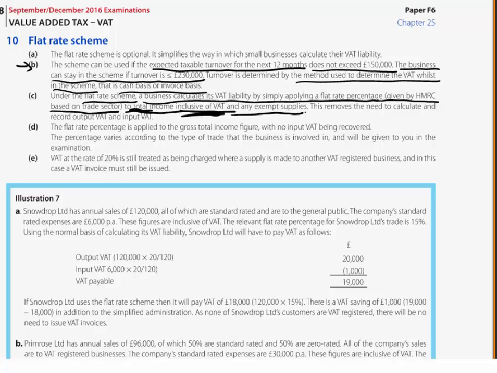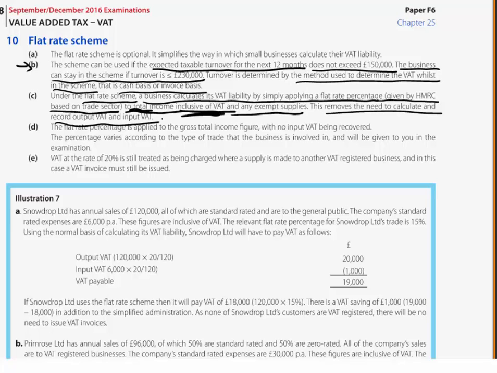So it's both your taxable income, inclusive of VAT, and any exempt supplies. So even though exempt supplies have no VAT on them, you just add these numbers up. And you then apply the flat rate percentage. So this therefore removes the need to calculate and record that output VAT and recoverable input VAT that normally goes through and onto a VAT return.